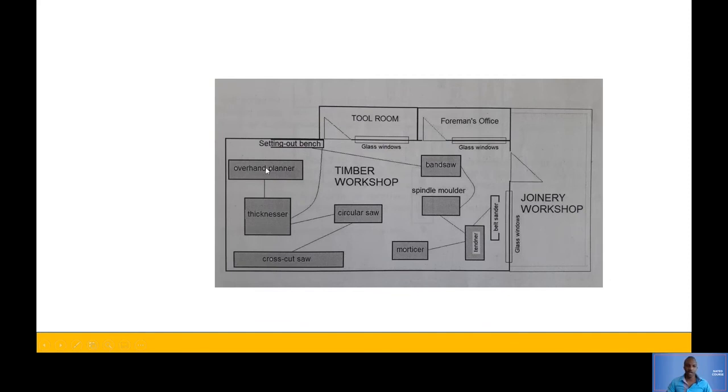Then you either take it there and that's it, or it can go through a setting out bench where you're going to set it out to decorate it more. So this is the overhead planer is where a simple door ends. But if you want to do more patterns, then it goes to a setting out bench. From the bench, it goes to a bandsaw and to a spindle moulder.